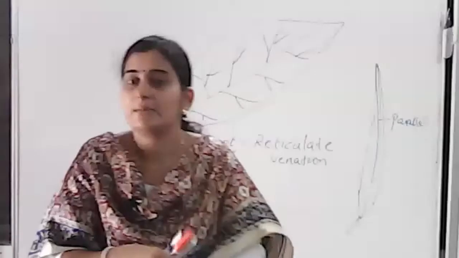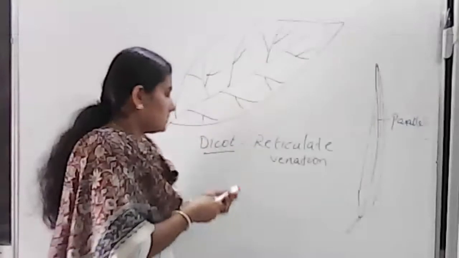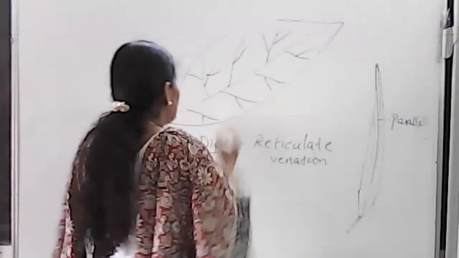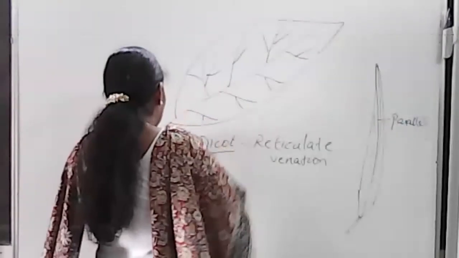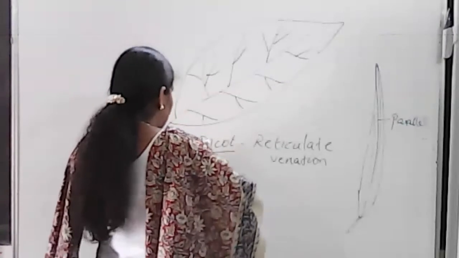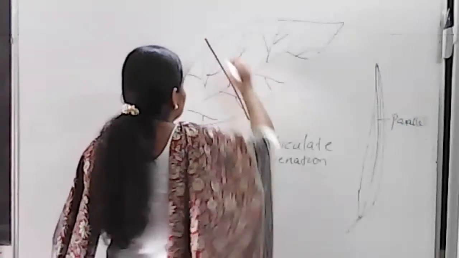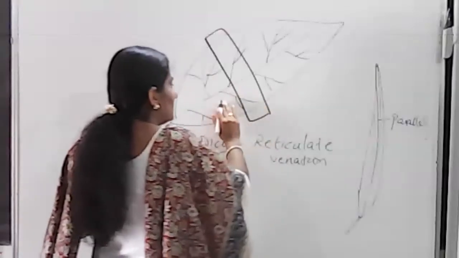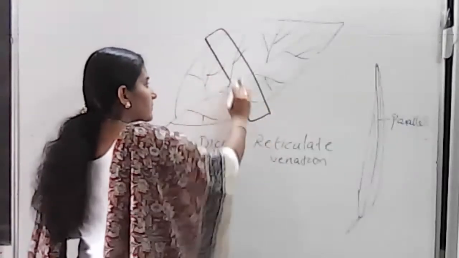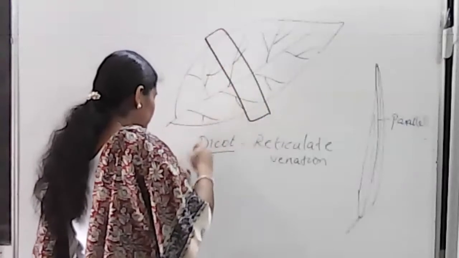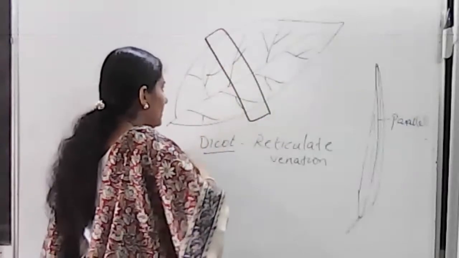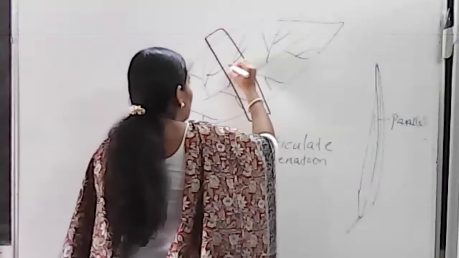I think the same diagram is given in your textbook also. So I'll just show you on this side. Here we are keeping a glass slide. This is the lower surface. So we keep a slide, and inside that slide we keep our cobalt chloride paper.